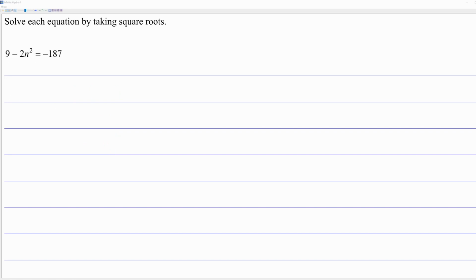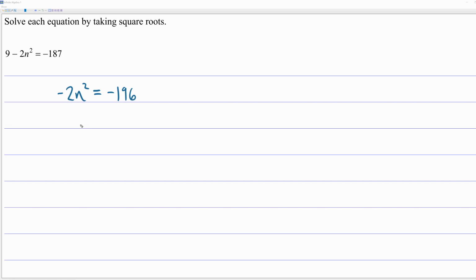Almost exactly the same. Just be careful of your minus signs. So I'm going to subtract 9 from both sides, and here's why you do have to be careful with your arithmetic. Negative 187, and since we're subtracting 9, this is negative, what's that going to be, 196.